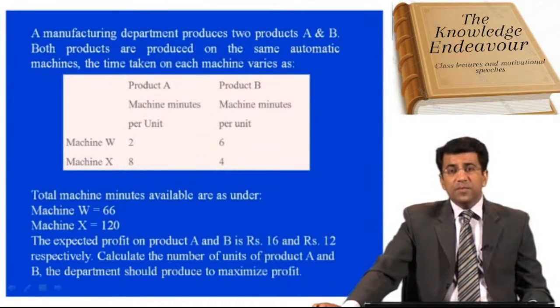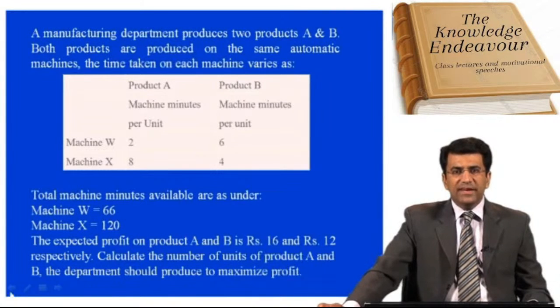Now as you remember class, in the last lecture we discussed that the first step in order to solve linear programming problems, not only the linear programming problems but any other problem, we'll have to first analyze the situation. So this is how we analyze the situation, that what is meant by all the different values and all the different information given in a particular scenario.